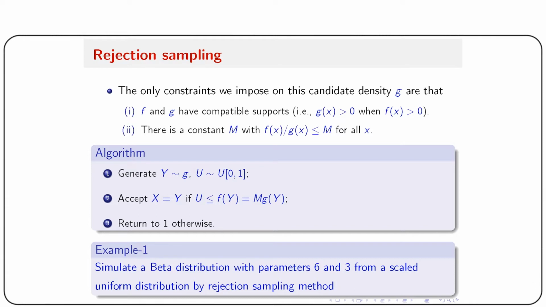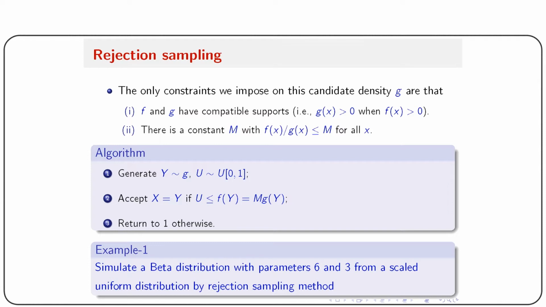The only constraints we impose on this candidate density g are that f and g have compatible supports, that is, g(x) greater than 0 when f(x) greater than 0, and there is a constant M with f(x)/g(x) less than or equal to M for all x.